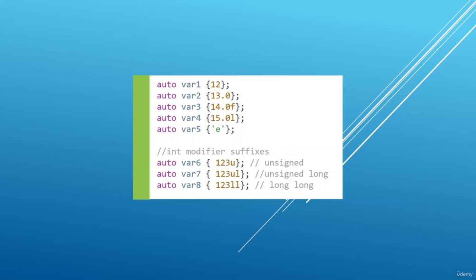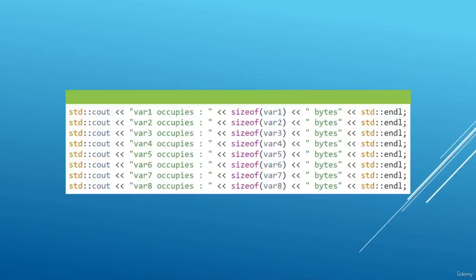If we pass ul, it is going to be unsigned long. If we pass in ll, this is going to be long long, and that's what the compiler is going to deduce. Here you see that we are trying to print the sizes of these variables, and we're trying to prove to ourselves that the compiler deduced the right type. And we are going to go to Visual Studio Code and actually try this out.